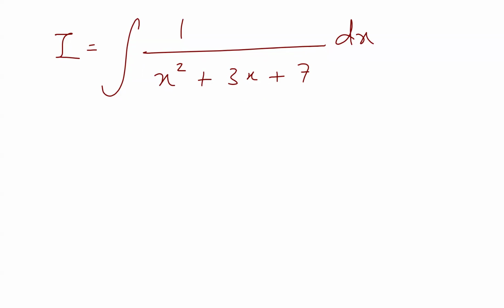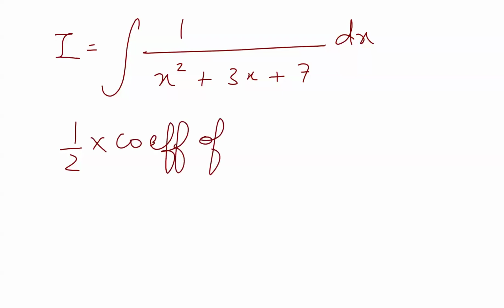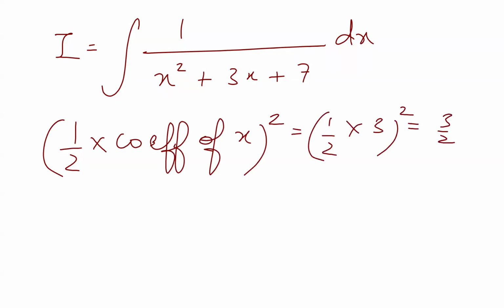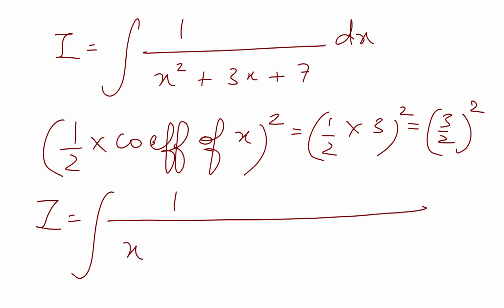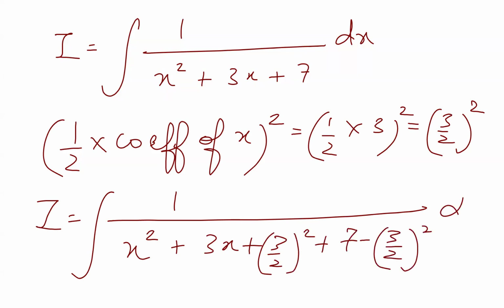The second thing that we need to do is half into coefficient of x the whole square. So half into 3 the whole square, so 3 by 2 the whole square. So integration 1 upon x square plus 3x plus 3 by 2 the whole square plus 7 minus 3 by 2 the whole square dx.